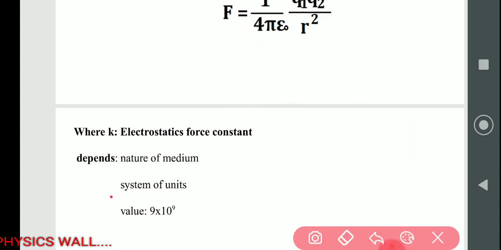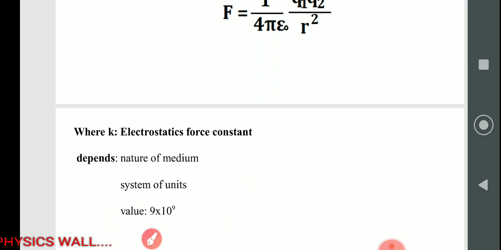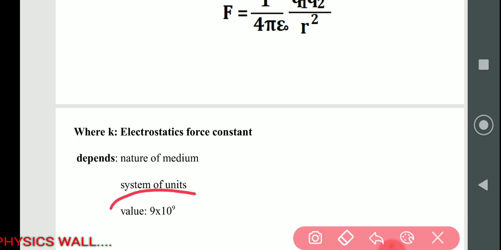Number two, system of units, meaning whether we are calculating in SI or CGS or some other unit. The value of k in air is 9 into 10 power 9.